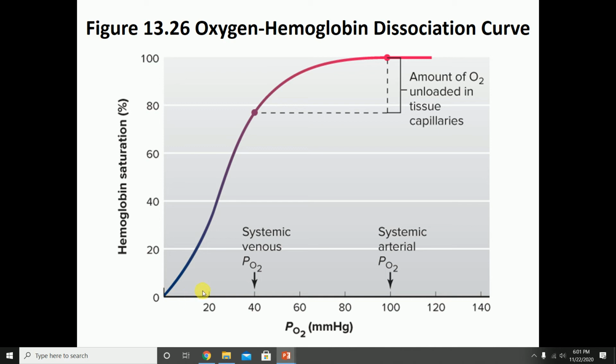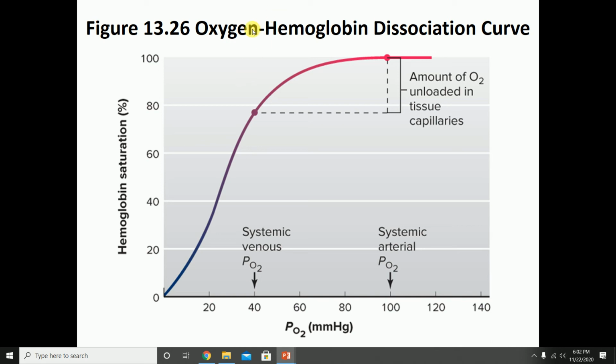And when you do so, this curve, under different circumstances, for example, if there is an inflammation or an infection in the area, that would shift this curve where instead of being this normal curve that you see, it'll shift it to a curve underneath it, and that is known as shifting the curve to the right. When you shift the curve to the right, that decreases the affinity of hemoglobin to oxygen, and it's easier for hemoglobin to let go of oxygen to the tissues.